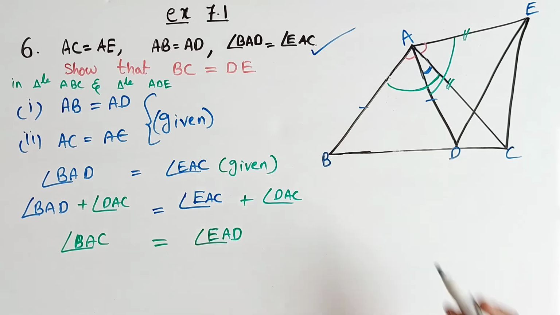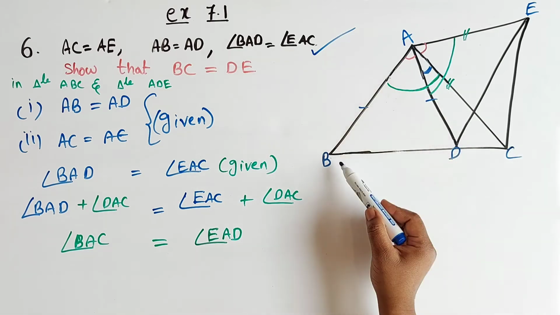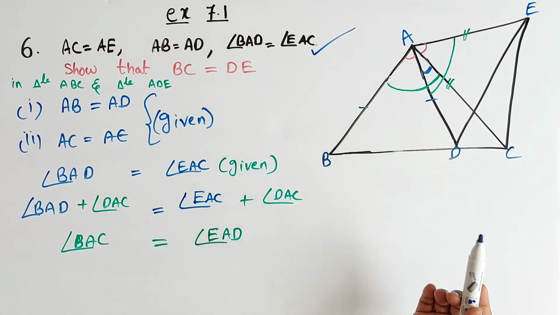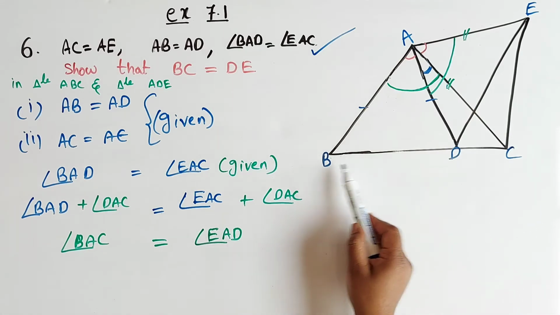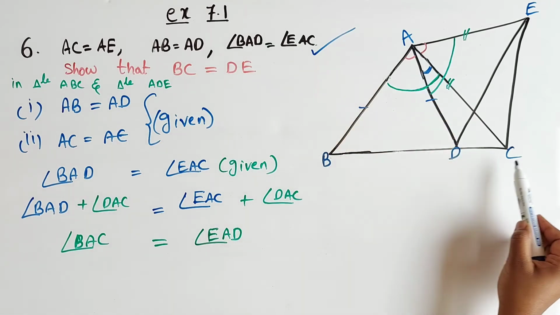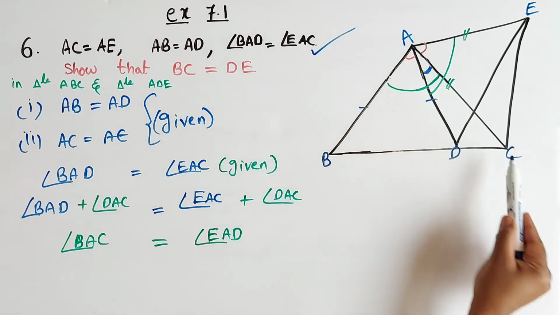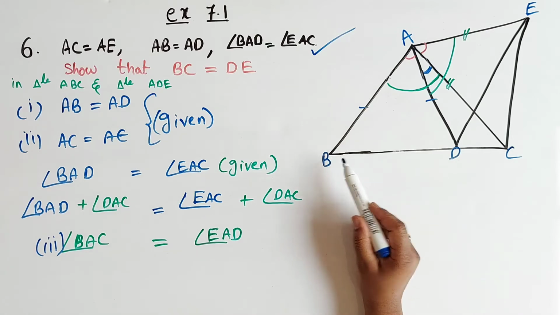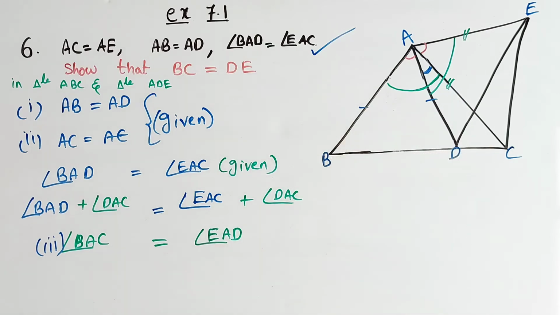Now see, in triangle ABC and triangle ADE, we have three equal parts: AB equal to AD, and AC equal to AE, and angle BAC equal to angle EAD. Correct, children? Now according to the SAS rule, side, angle and side, these two triangles are congruent.